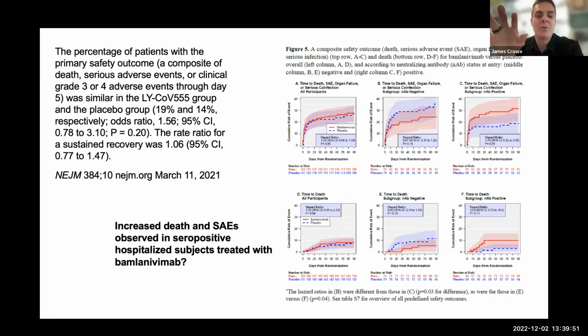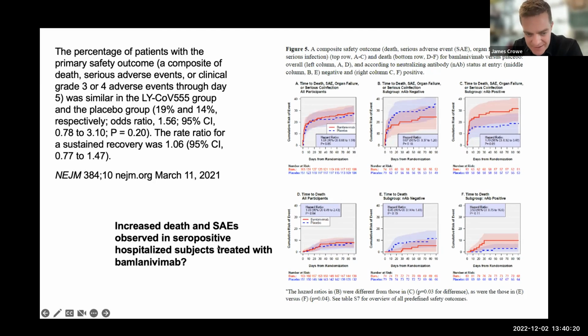They got this into people by June of 2020, probably, a really historical event. But if you look at the New England Journal paper of the hospitalized patients, the percentage of patients with an adverse event was 19% in treated and 14% in placebo, which was considered non-significant. So basically they said it didn't work, but it didn't hurt anybody.